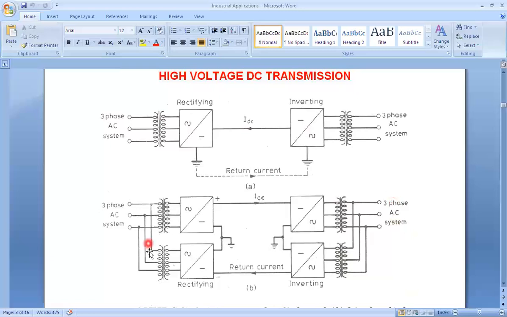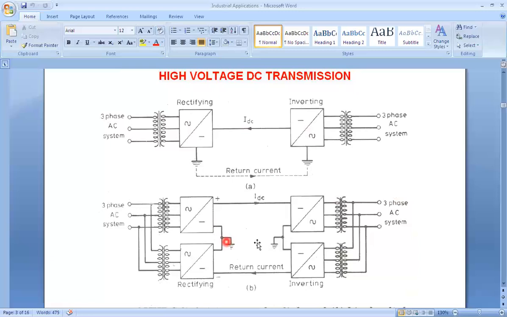Similarly, the same circuit is connected with the other rectifier circuit also, and we get the three-phase AC voltage, and both outputs of this three-phase AC voltage are connected at one point. But why do we use these two supplies? Here the positive wire of the upper rectifier is connected with the inverter, and the negative wire of the other rectifier is connected with the other inverter, and the common point is connected through ground.